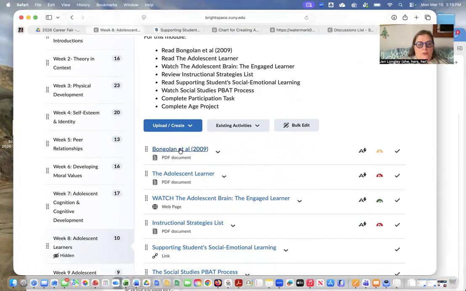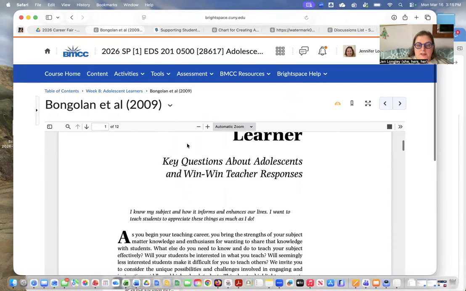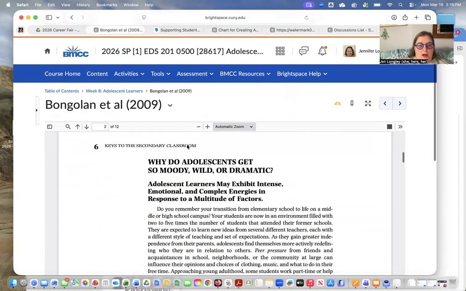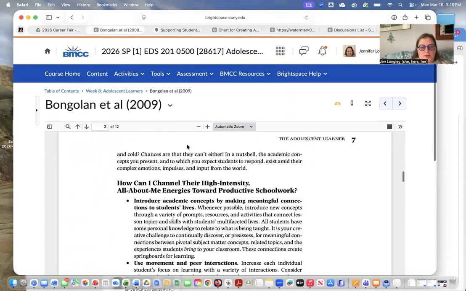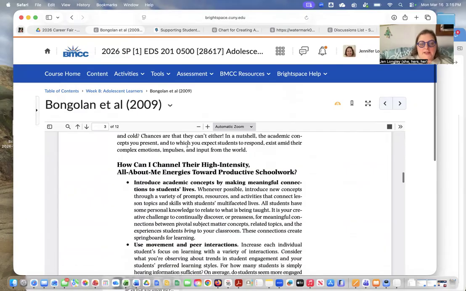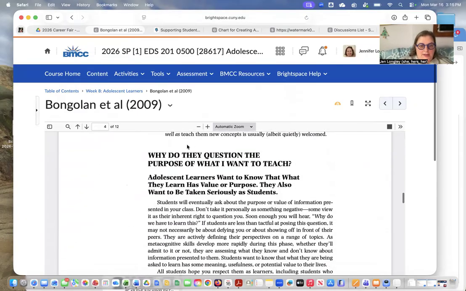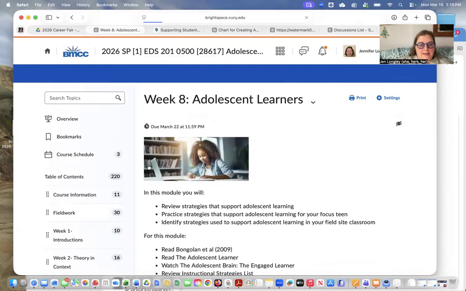So we have some readings. This one talks specifically about adolescent learners, with questions and answers, and how we support adolescent learners in our classrooms. What can we do as teachers?